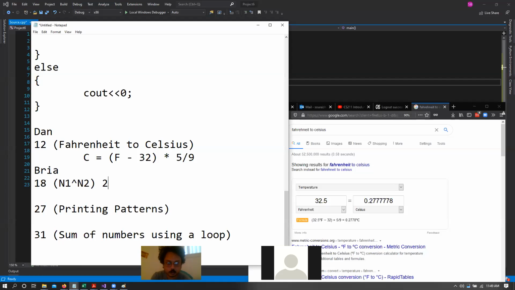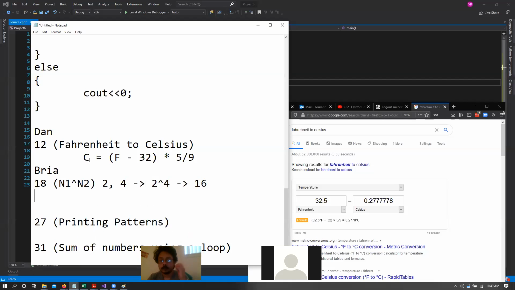Let's say that the user gives 2 as n1 and 4 as n2. You need to output n1 to the power of n2, so 2 to the power of 4, and you should output 16. Now, Priya, you have to do this without using any libraries or the pow function. You need to do this without importing anything except iostream. You ready?